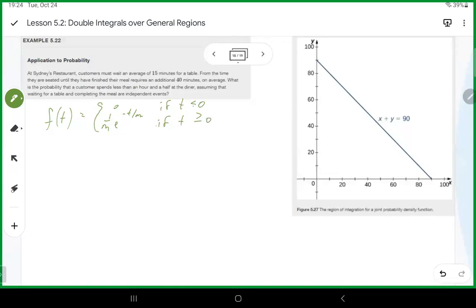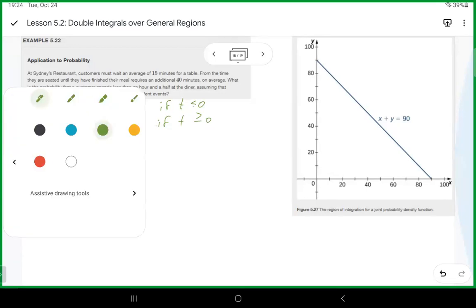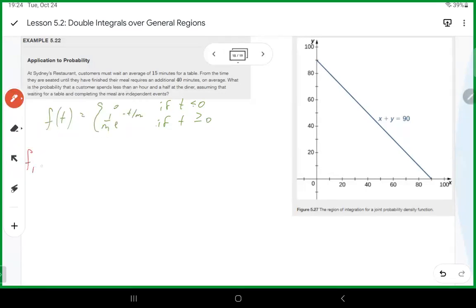Okay, so basically if they don't go, or if they walk in and turn around and walk right back out. If x and y are random variables for waiting for a table and completing the meal, then the probability density functions are respectively, which would mean that we would have, sorry to go Christmas.